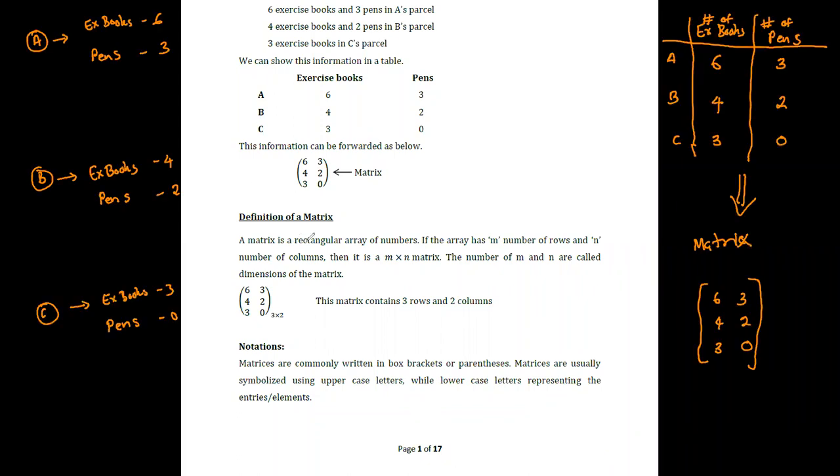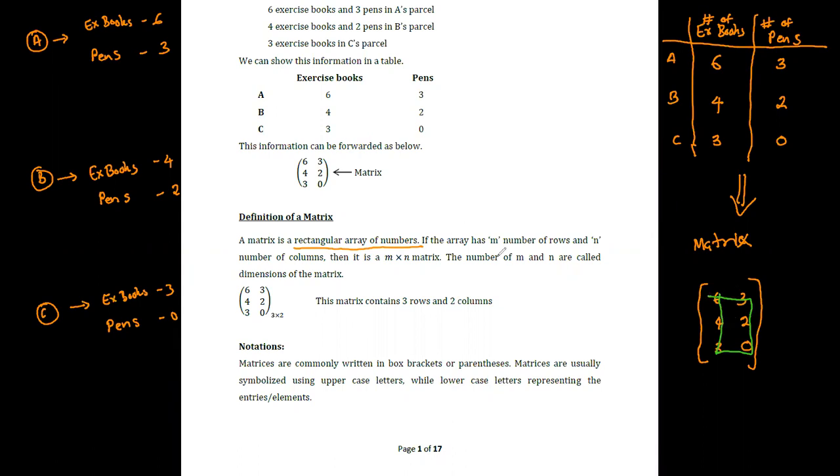It is the general way that we define a matrix. Therefore, a matrix can be identified as a rectangular array of numbers. If you look at the shape of the matrix we have obtained, it is just a rectangular array of numbers.